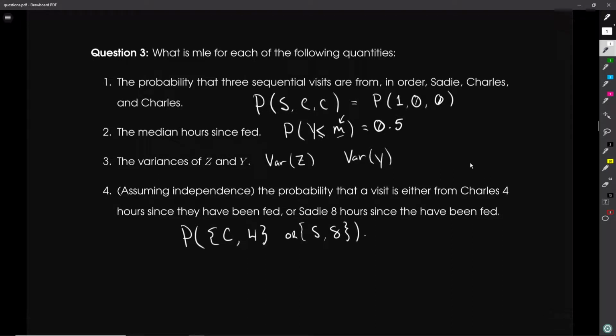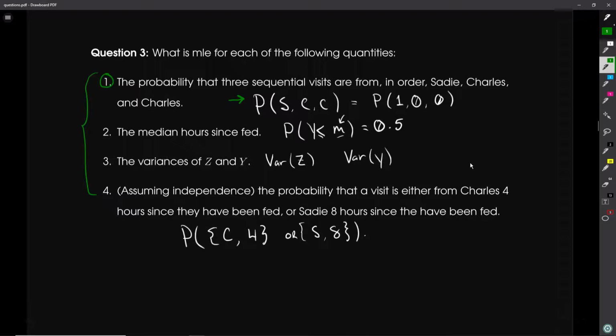Okay? And so the thing that each of these have in common, all 4 of these, is that, well, one, they probably seem a little bit complicated if you have not put together how we go about approaching these in this class, right? They are more complicated than just asking for the maximum likelihood for a distributional parameter. But the second thing is that each one of them are functions of the distributional parameters, right? So if we think about, say, number 1 here, this is the probability of some sequence of events.